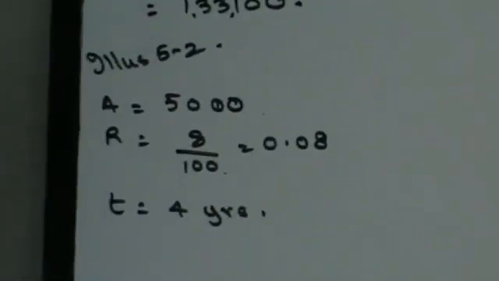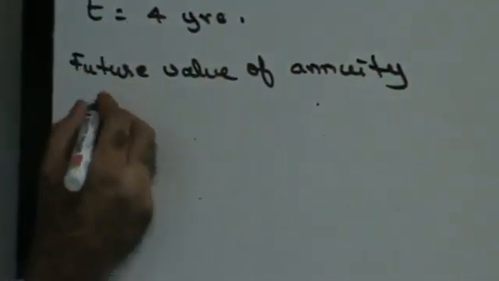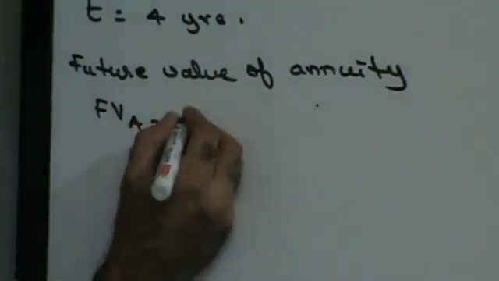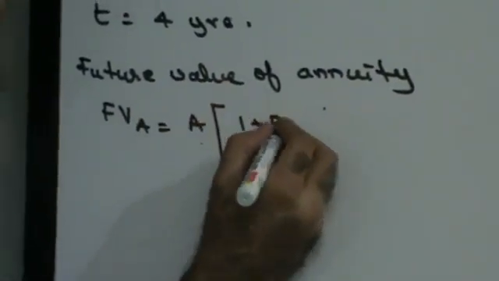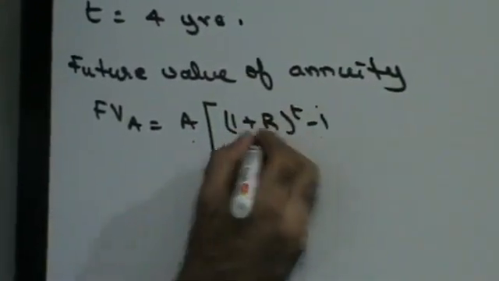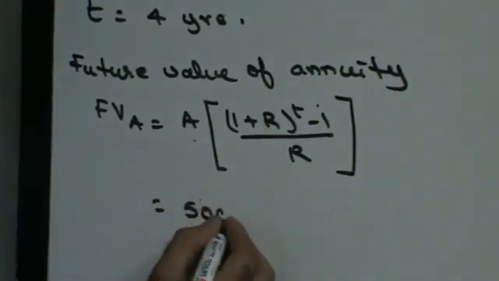So I can use this future value of annuity formula. Future value of annuity is given by the formula: future value of A is A times (1 plus R) raised to T minus 1 upon R. A is 5,000.